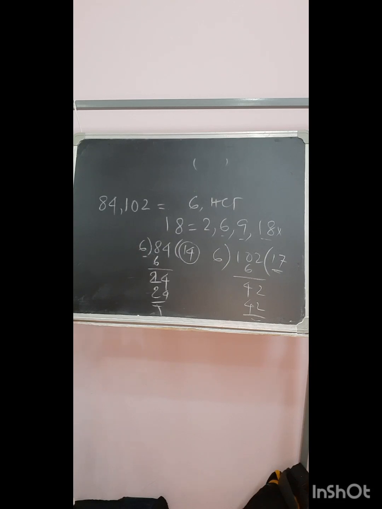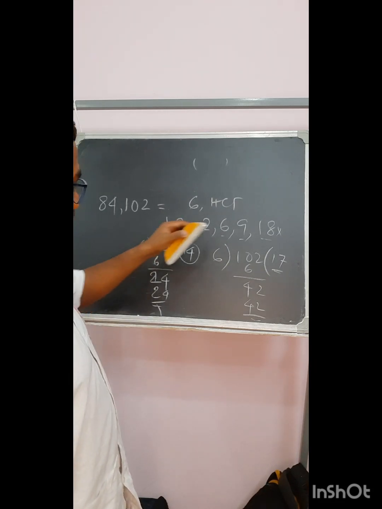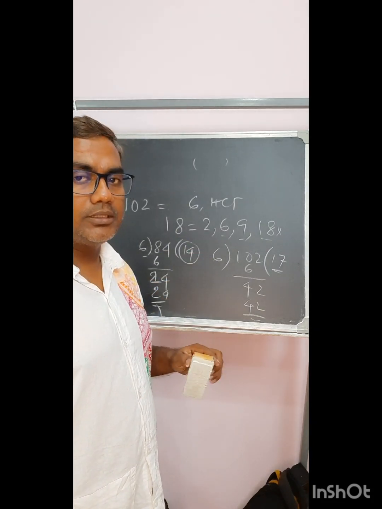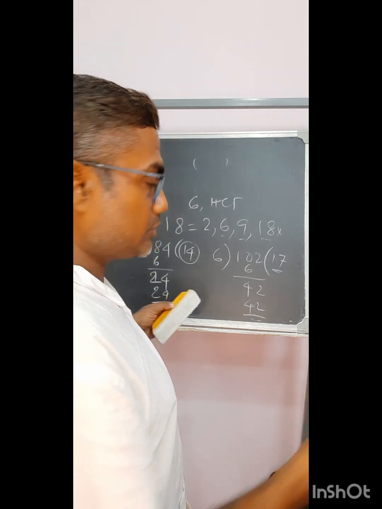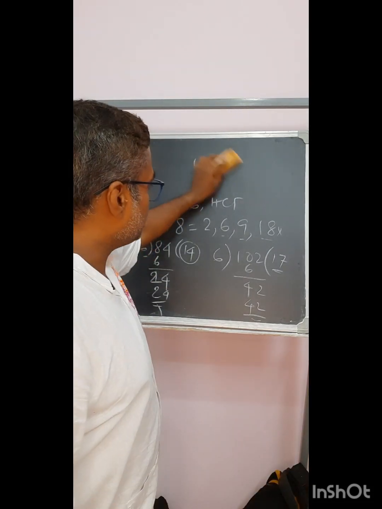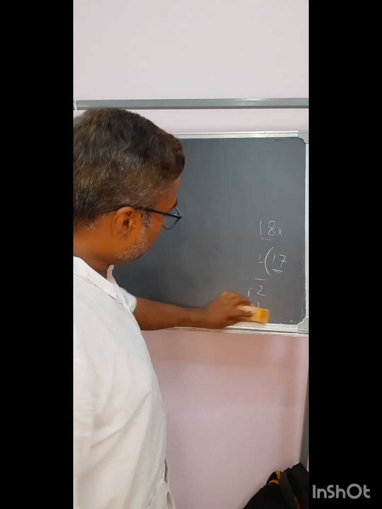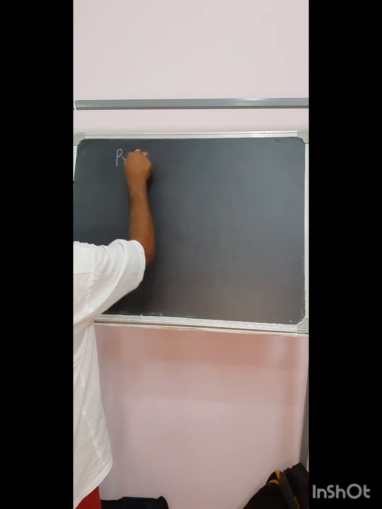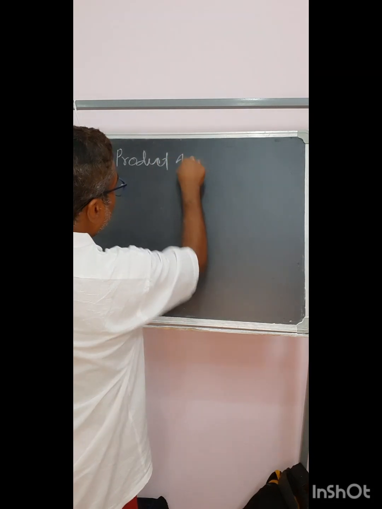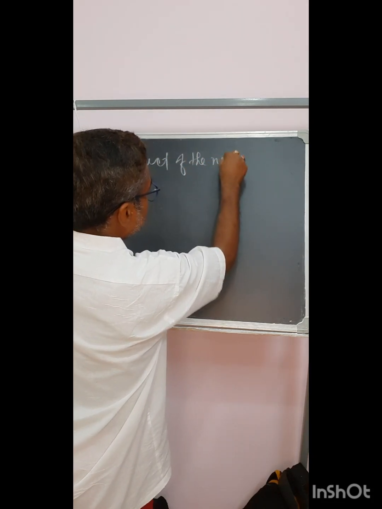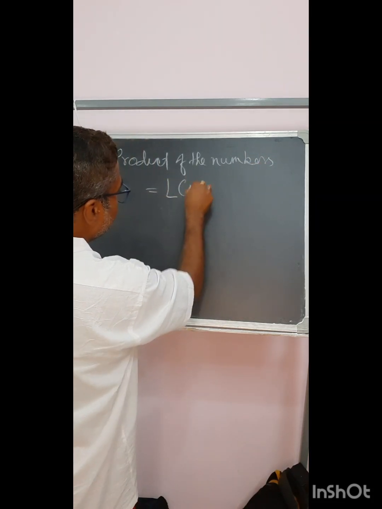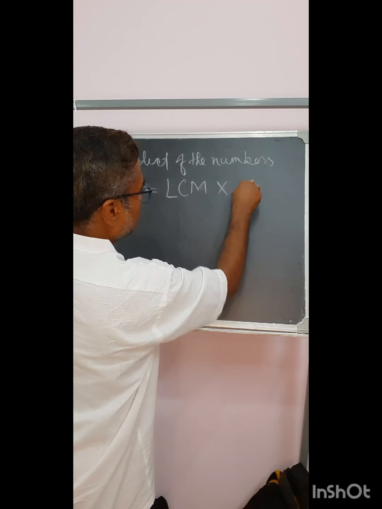So I think you have understood the concept of calculating or deriving HCF for any two numbers or more than two numbers. Now there is one more relation: the product of the numbers is equal to LCM times HCF.